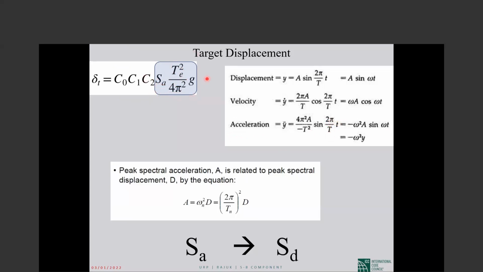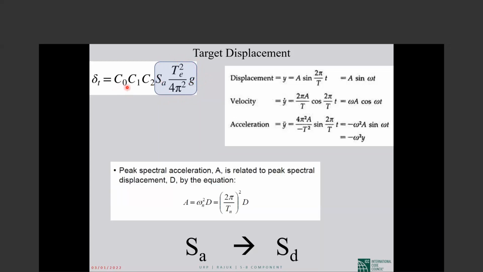So this part gives the maximum displacement of a building if we model it, if we assume it as a single degree of freedom elastic system. So if it was a single degree of freedom system, this was the maximum displacement. Then we say, no, it's not a single degree of freedom system.